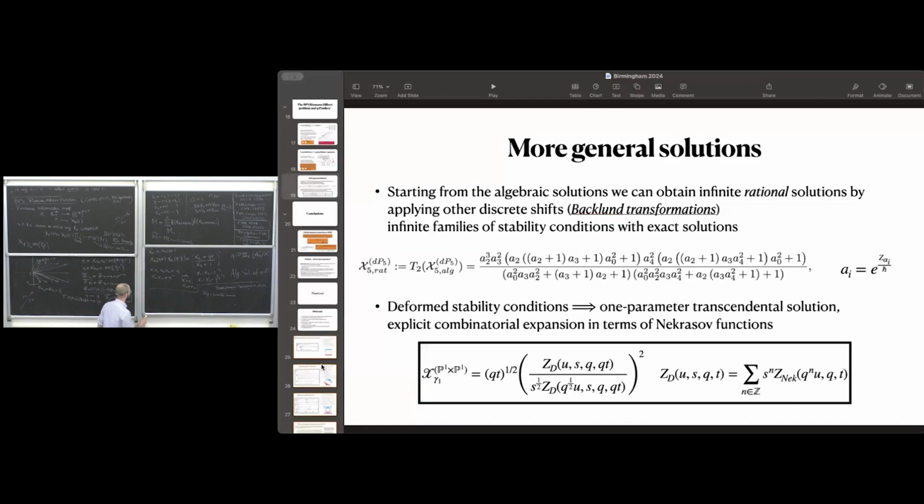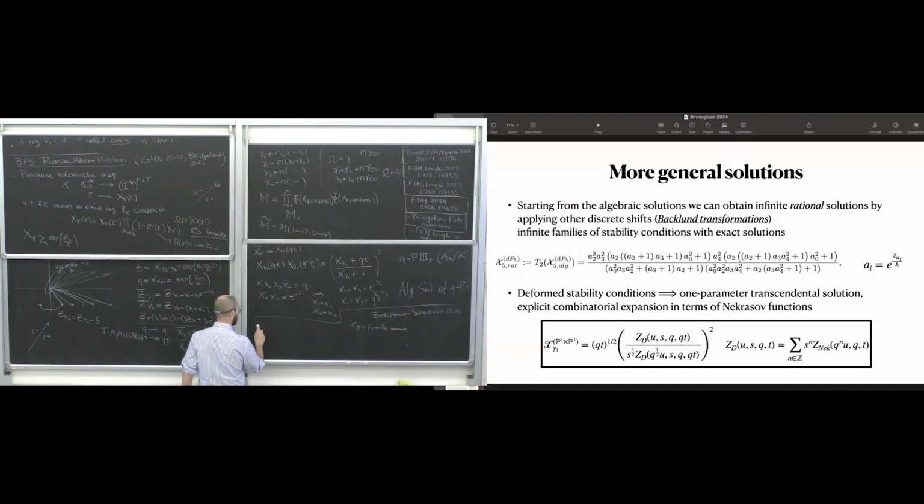This q that I wrote here is exp of z d0 over epsilon. If you think of it in terms of a part of the story that I didn't discuss today, the WKB approximation for q-difference equation, this would be in terms of the h bar of the q-difference equation.